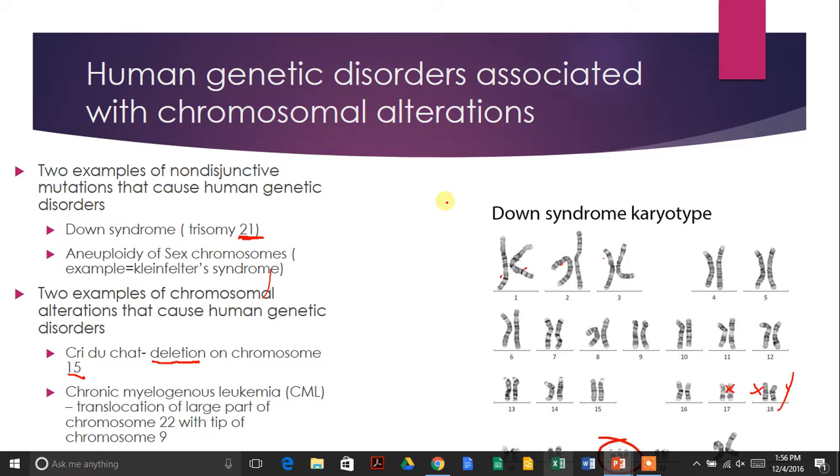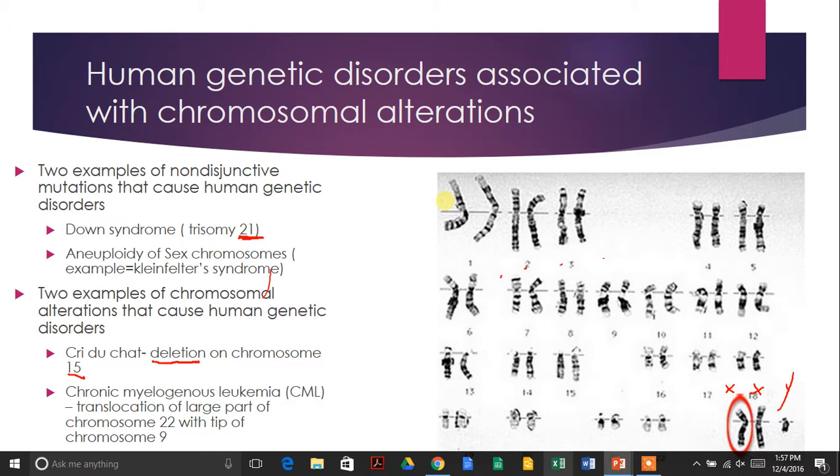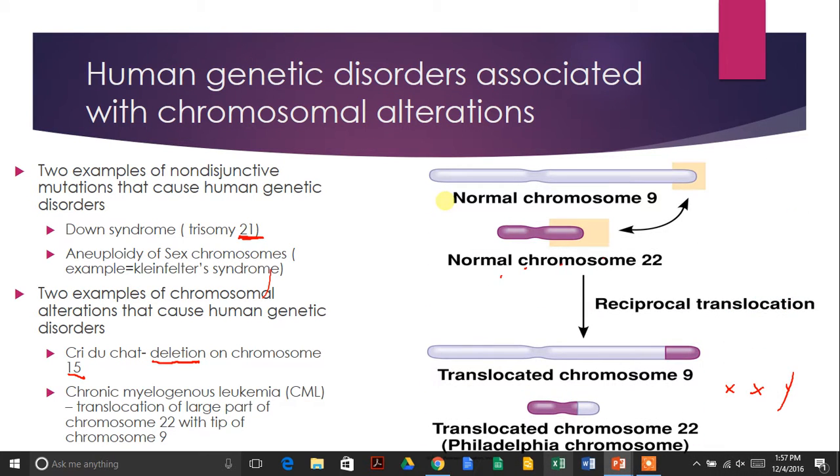And chronic myelogenous leukemia happens as a result of translocation of a large part of chromosome 22 with the tip of chromosome 9. So these 2 parts switch places, and this occurs.